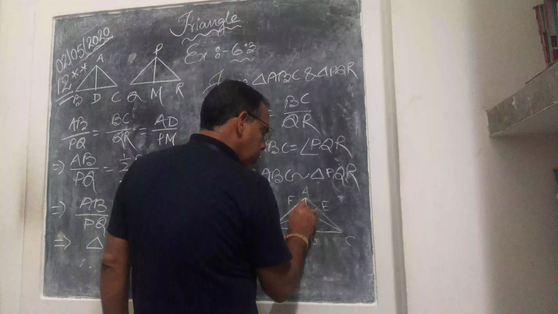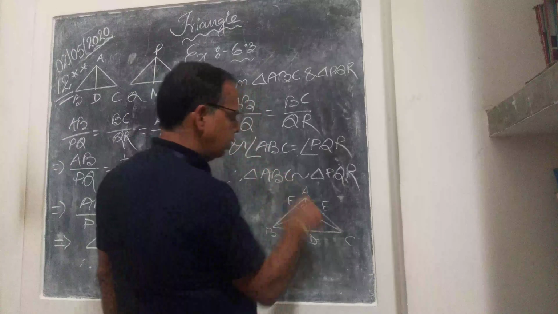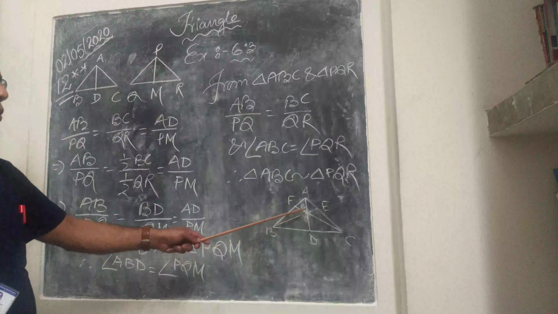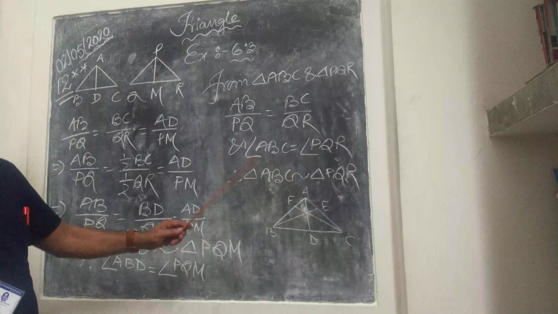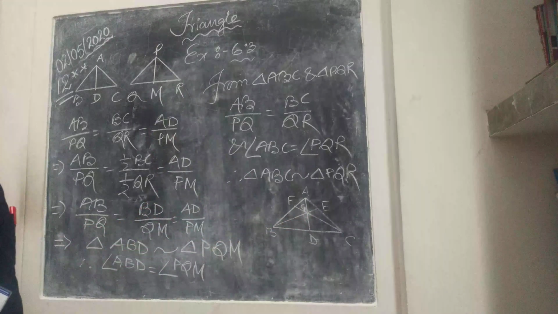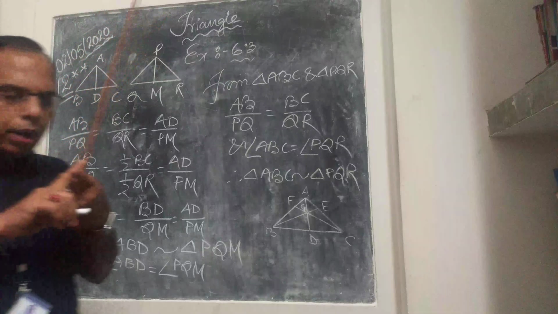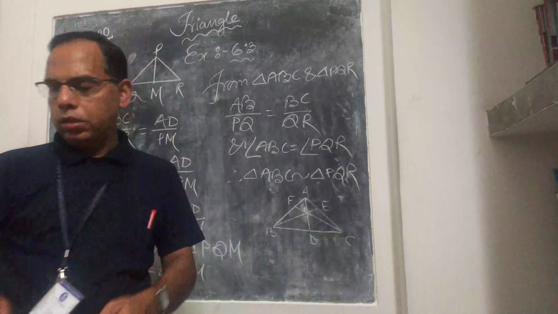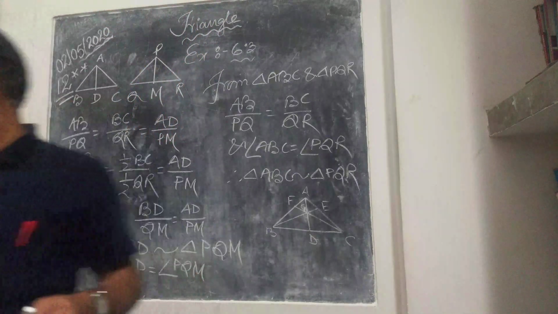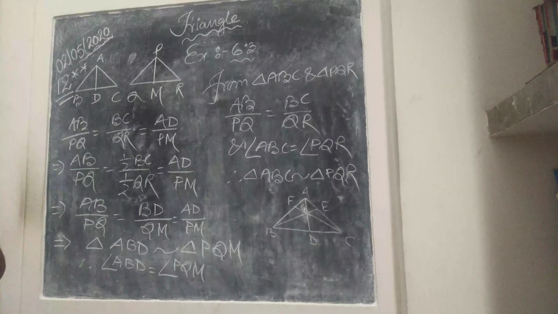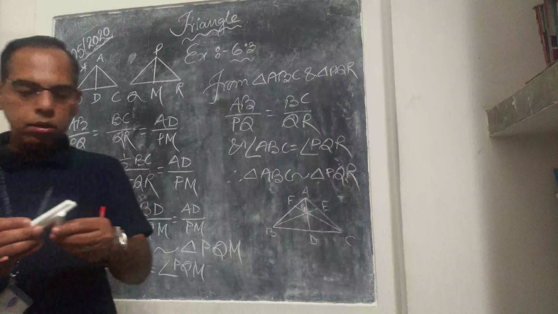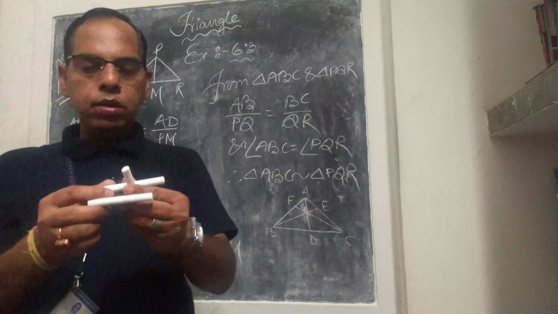and that point of concurrency, that is G, is known as centroid of the triangle. Centroid of the triangle means the point of concurrency, that is, the point at which the three medians intersect.